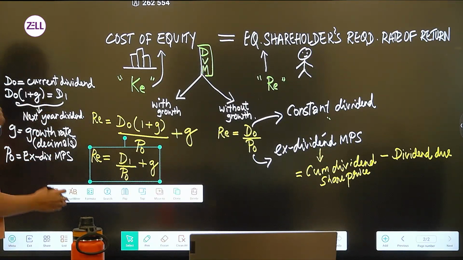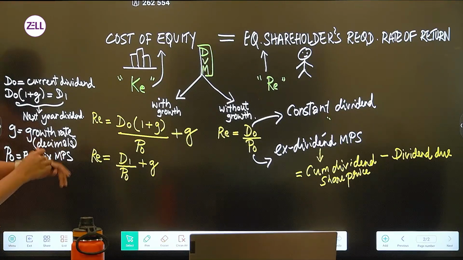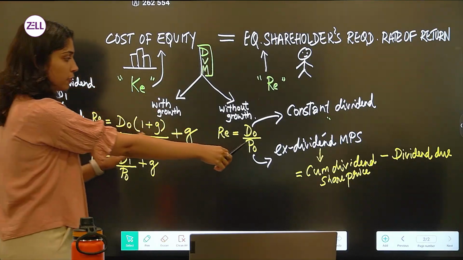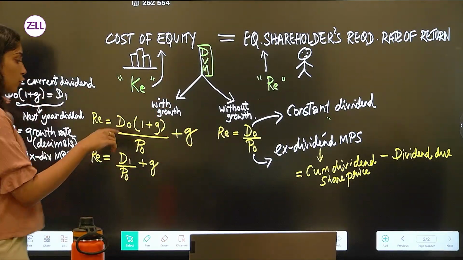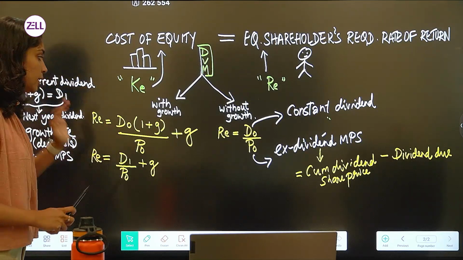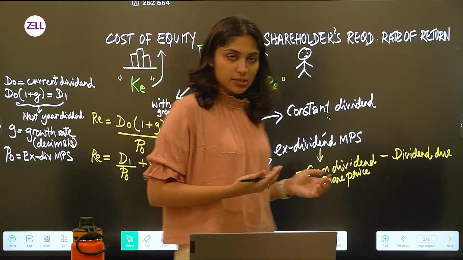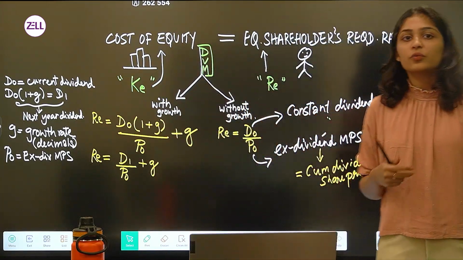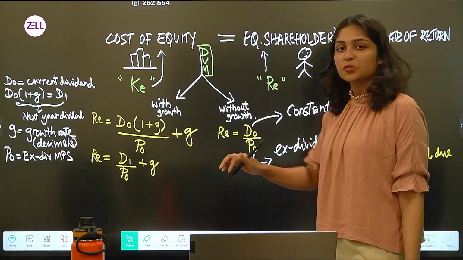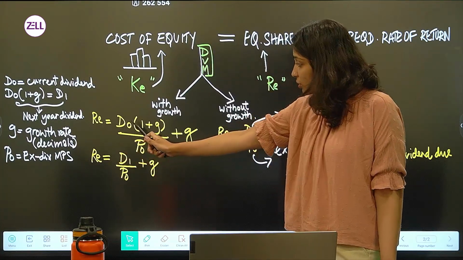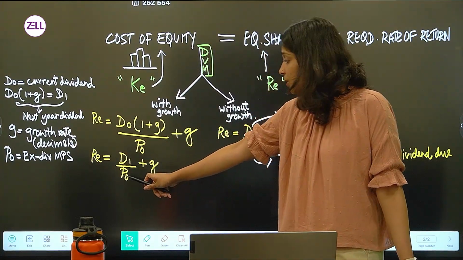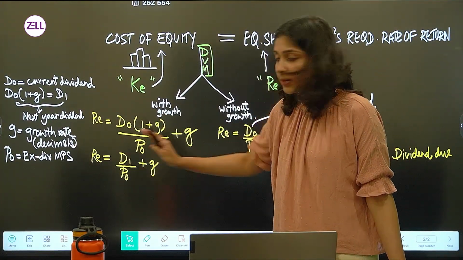Okay. So now, if you observe this, in this particular formula, there was no growth. And over here, there is growth. That means, in general, as an investor, as an equity shareholder, we expect growth, right? We expect growth in both. We expect growth in our dividends also, and we expect growth in our share price also.